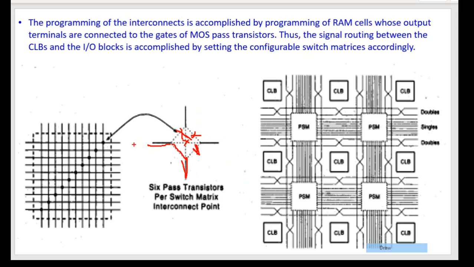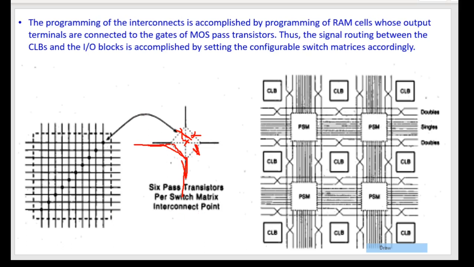So in this case this line gets connected with this line like this. In this fashion you can connect any two lines among these four interconnects. So this is how the programmability of each of these switch matrix interconnect points is ensured.